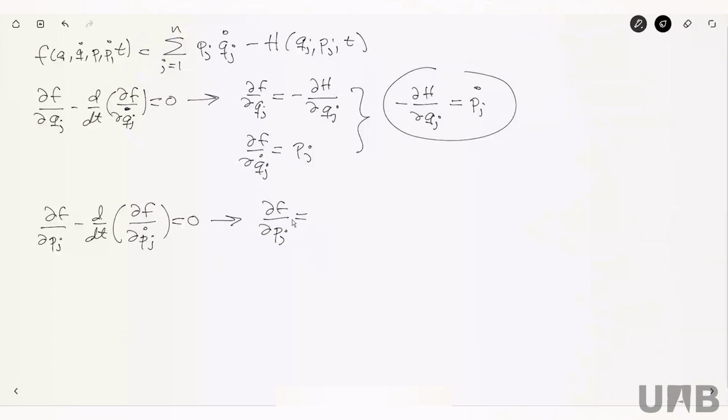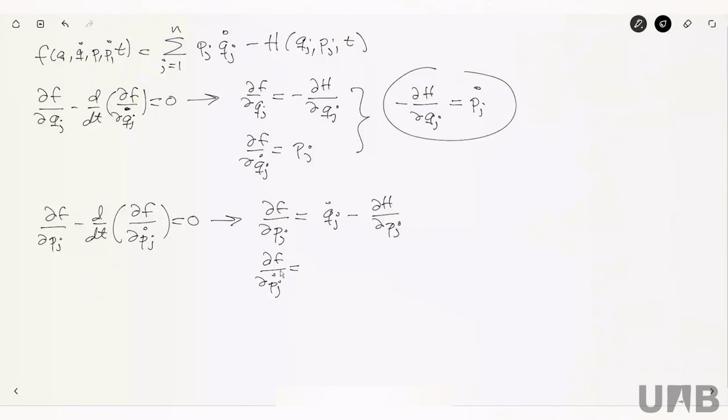So f is here again. We just take the derivative with respect to p. Here I have a p, and inside the Hamiltonian, I also have a p. So when I take the derivative of f with respect to p, I get q dot j minus the derivative of h with respect to pj. That's what I get. And now, what is the derivative of f with respect to p dot j?